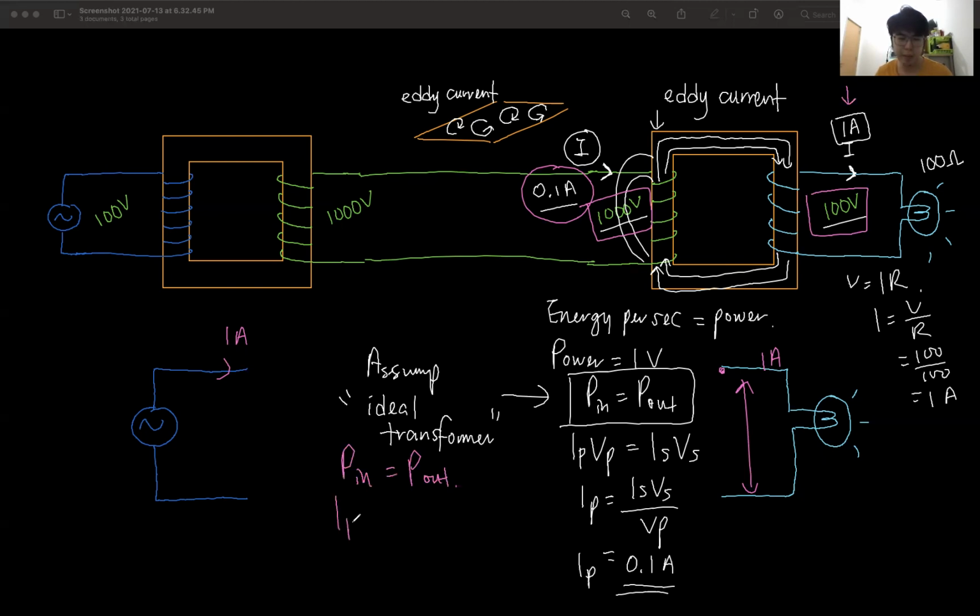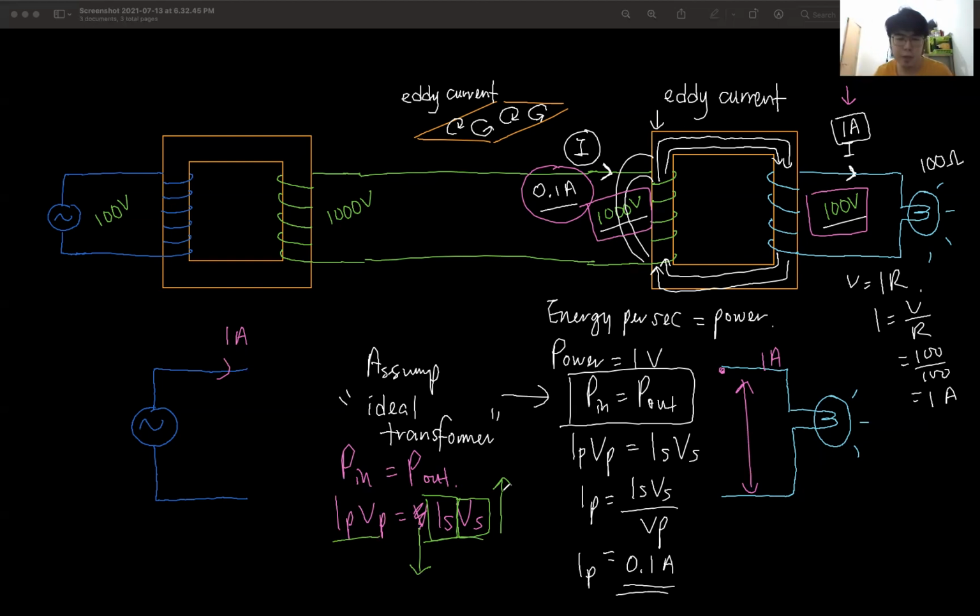IP VP equals IS VS. This value equals this value, so if your output voltage increases, then your IS will drop, because the left side and the right side must have the same value. So if you increase VS, IS automatically drops so that the value on both sides is equal.